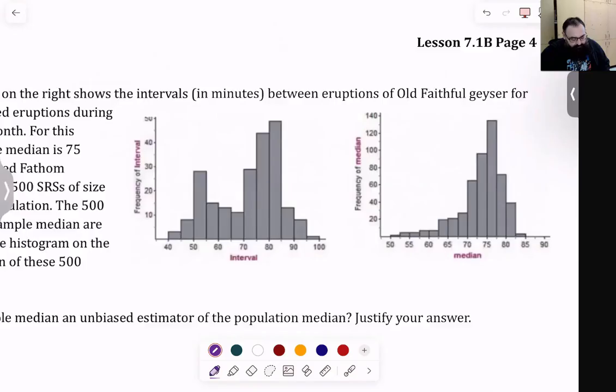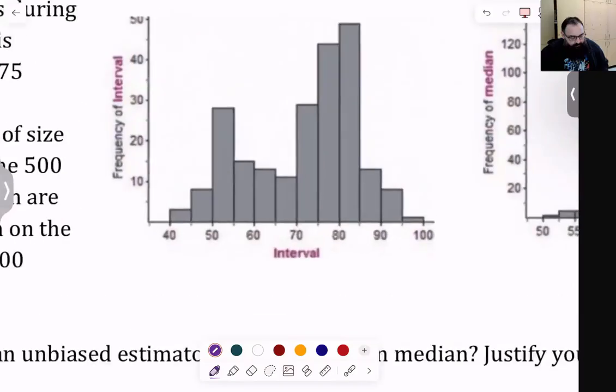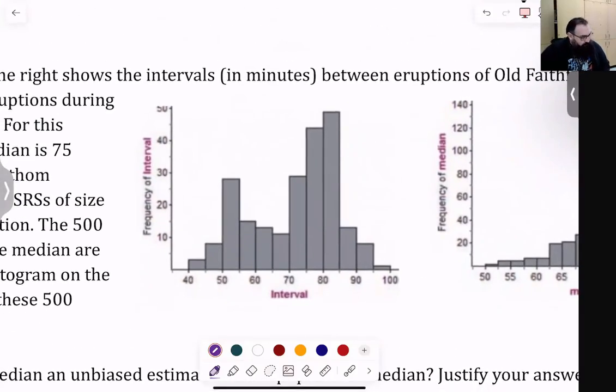So from the 500 samples: is the sample median an unbiased estimator of the population median? So here's the actual population data, I believe. The actual median, where's the actual middle? I would say maybe somewhere like here, right?